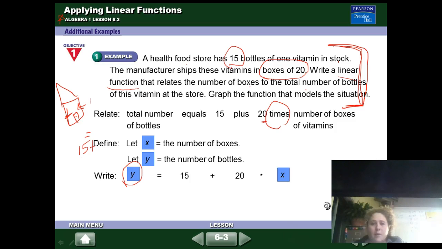So let's say I'm the owner of my store and I want to know at any given point how many bottles I have of this vitamin in my store. So Y, my total here, is going to equal the number of bottles. And Y is going to equal 15 plus 20 times X.